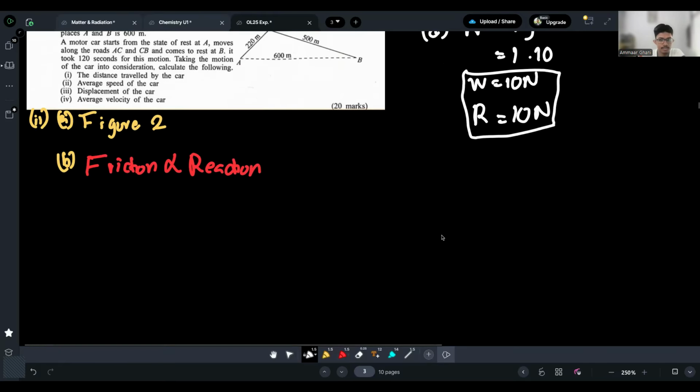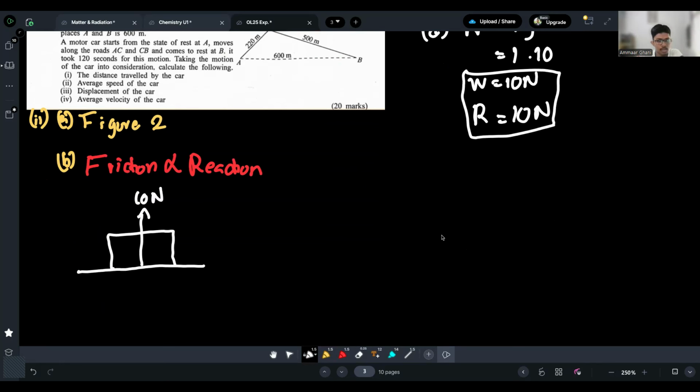In instance 1, let me draw it properly, you had the normal reaction 10 Newton. In instance 2, you had the normal reaction 20 Newton.